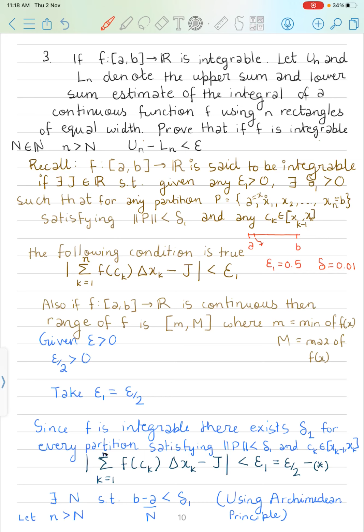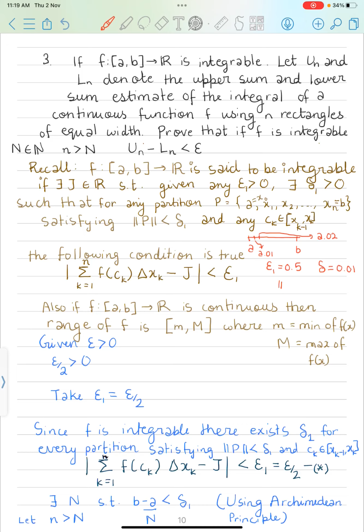This is 0.01, this one is 0.02. Whatever partition we choose, the condition it should satisfy is that the norm of P is less than delta. We are free to choose any partition.